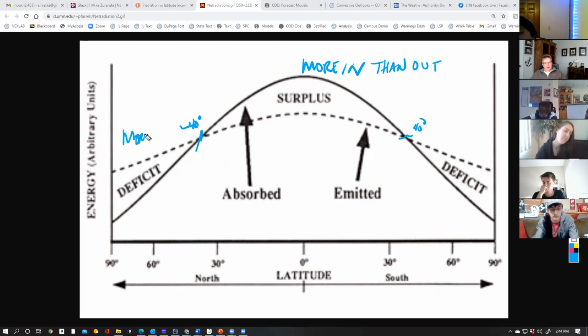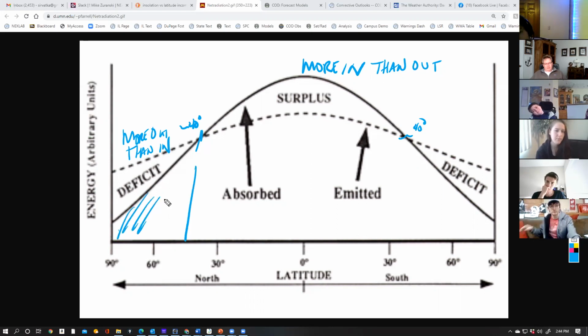More out than in. Right? So if that's the case, what should this area be doing? If there's more out than in, what should this area on the Earth be doing? Ryan?